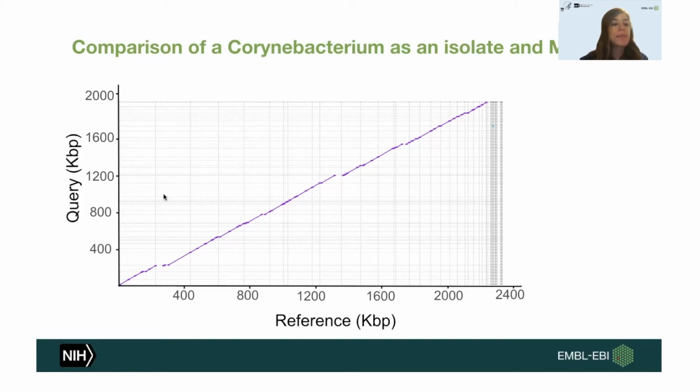The isolate was also recovered from the same healthy volunteer at the same time point. In this plot, we see the alignment between the query, which is the MAG, and the reference, which is the isolate genome. The ideal scenario would be a 45-degree line that would signify a perfect alignment between the MAG and the isolate.